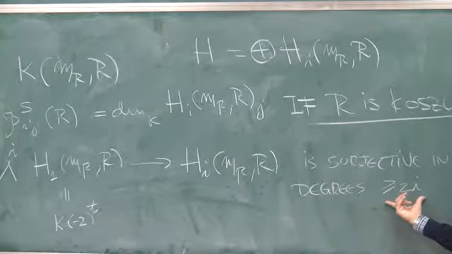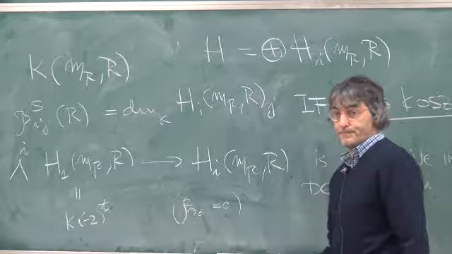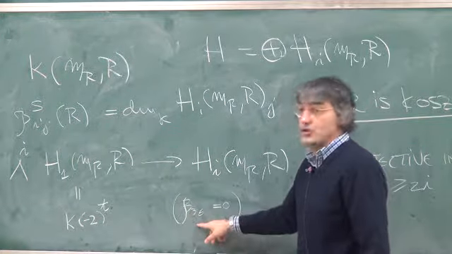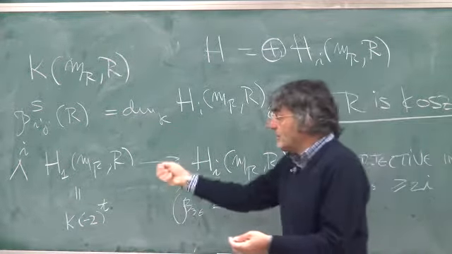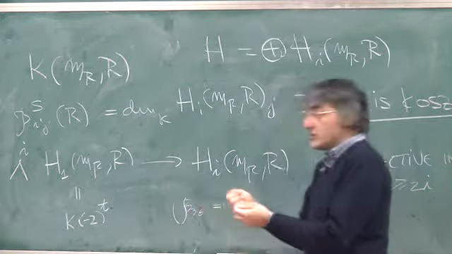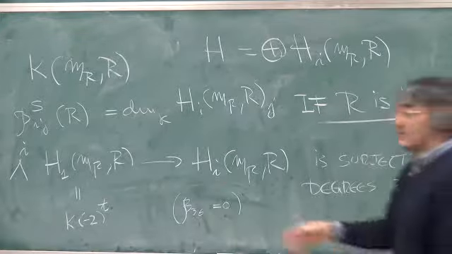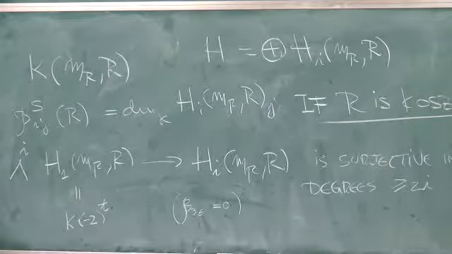That means if I take wedge 3 of H1, this map is a 0 map, because we know it's surjective, and if it's 0 from this side, it must be the 0 map. Now the next map is also surjective, because if the image from wedge 3 gives me 0, the image from wedge 4 gives me 0, because I can first compute wedge 3 and then multiply with an extra guy. So this is a kind of rigidity statement: if one is 0, the next is 0.